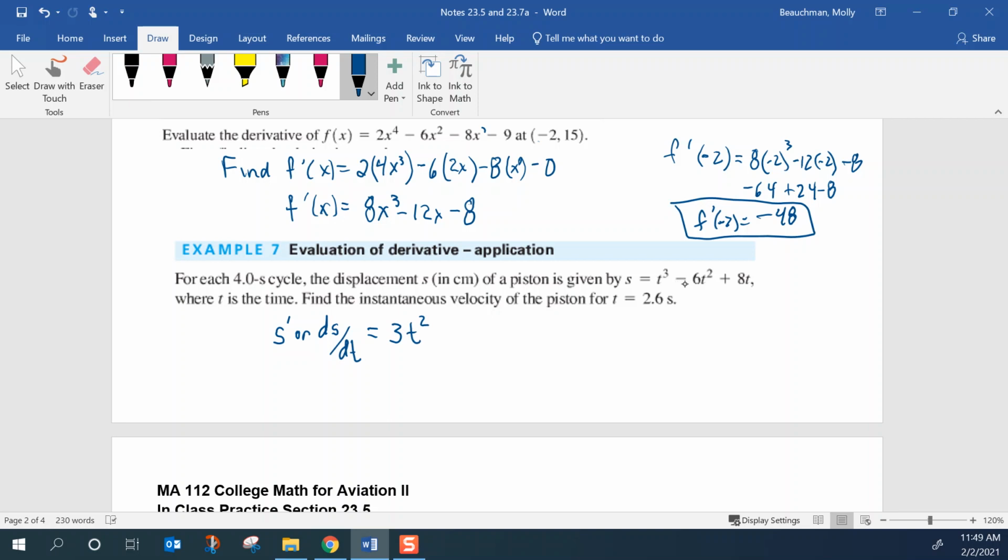The derivative of minus 6 times t squared, I'm just going to multiply 2 times -6, is -12t. The derivative of 8t is plus 8. So that will tell us the speed of the piston at any time. If we have time equal 2.6 seconds, then substitute 2.6 for t, and that will tell us the speed of our piston.